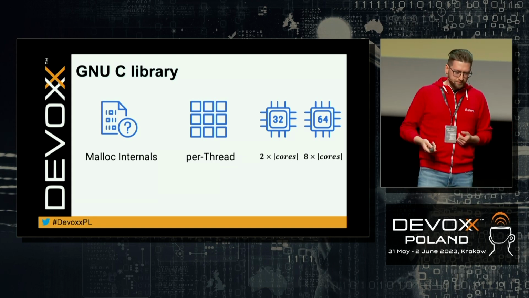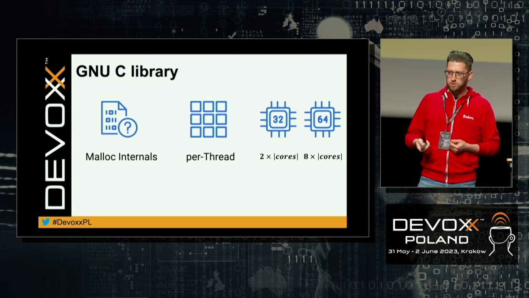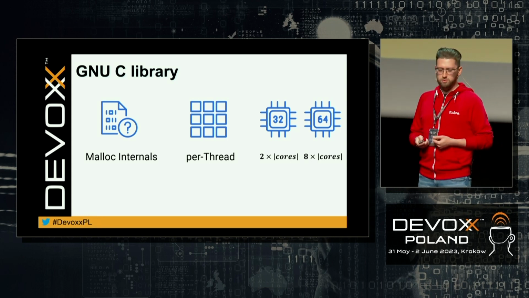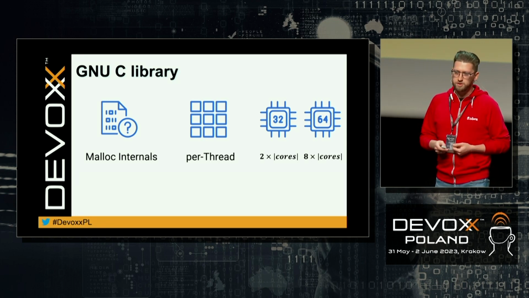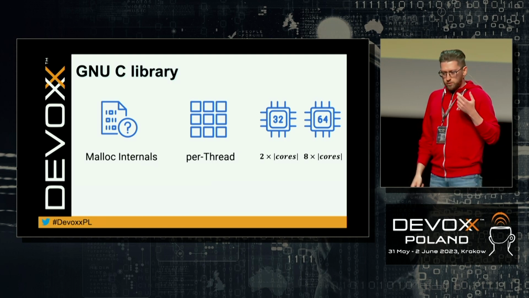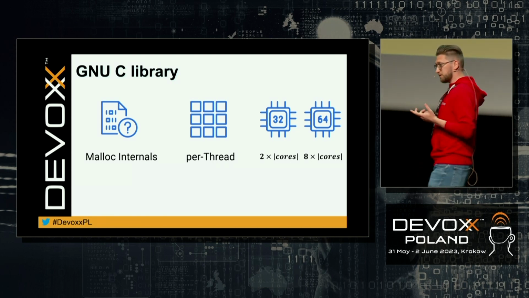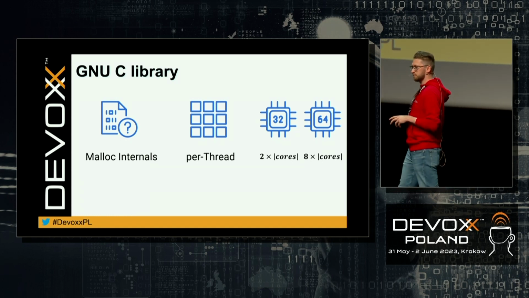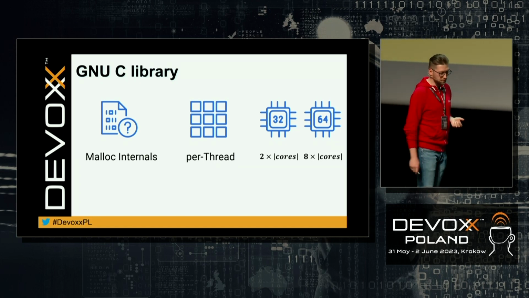As a result, it depends on the compute power, the number of cores you are providing to the system where your application is running. It also depends on the architecture of your CPU. For the 32-bit architecture, it is 2 times the number of cores, but for the 64-bit architecture, it is 8 times the number of cores. So, OK, we have some limit.